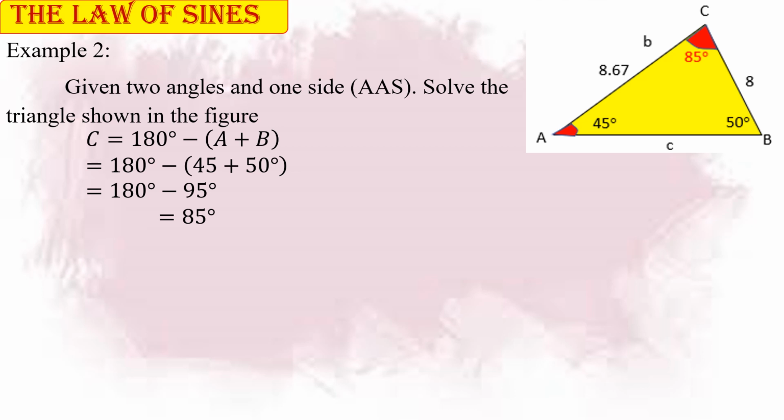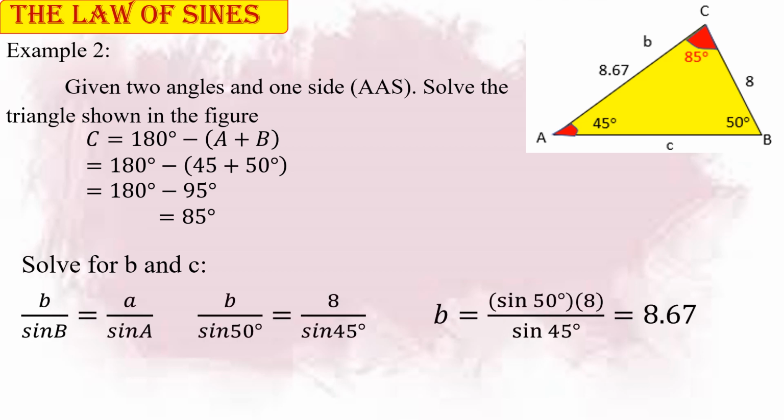Let's proceed now to the sides. So let's solve for the side B and side C. Okay, so there are two sides pala na unknown. I'm so sorry, meron na tayong nakalagay dito na measurement or the volume.